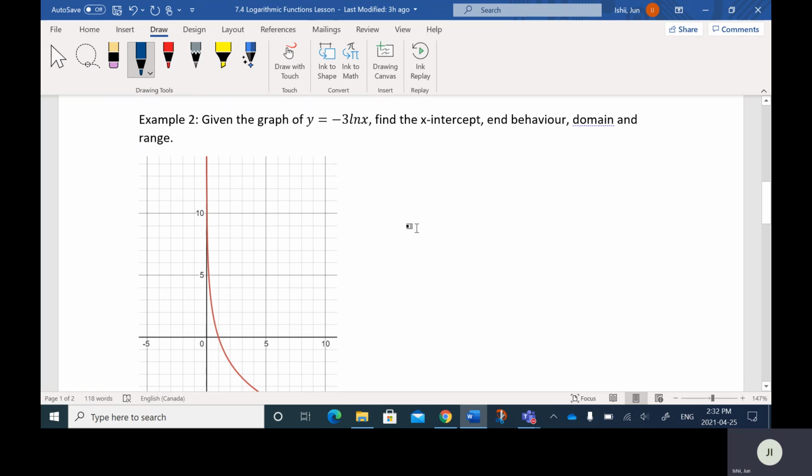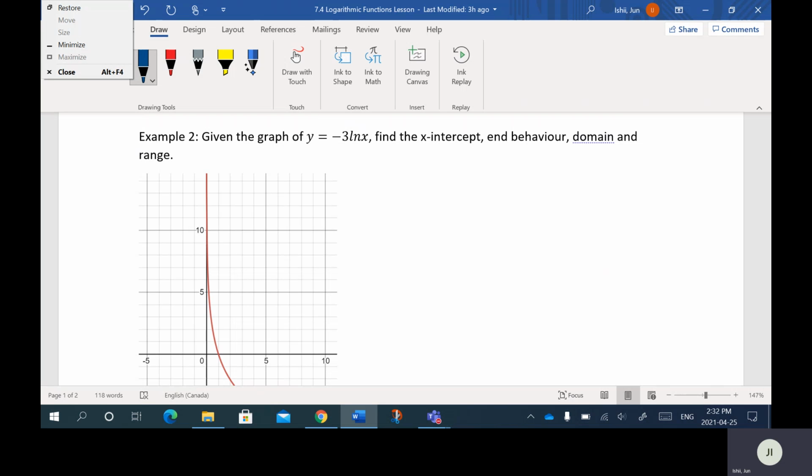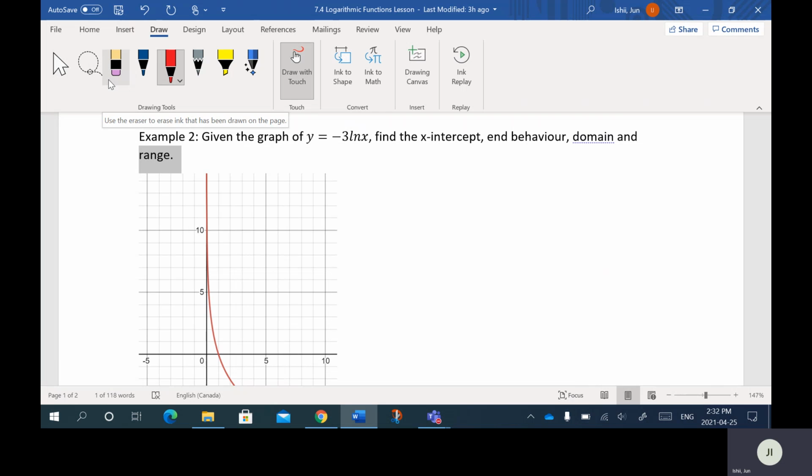One of the things I just want to point out here is that there's no real difference whether it's log x or ln x. Basically, we can just answer the same types of questions, and we would get the same answers as if we were to look at the graph of y equals -3 log x.